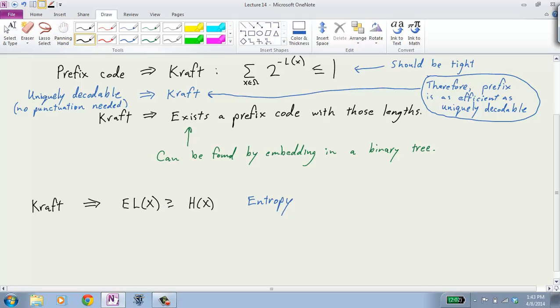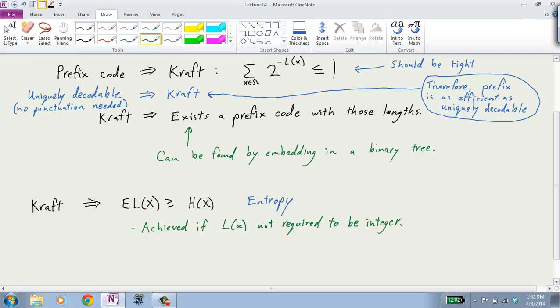And a couple of notes here. This is achieved if we don't require L of x to be an integer.